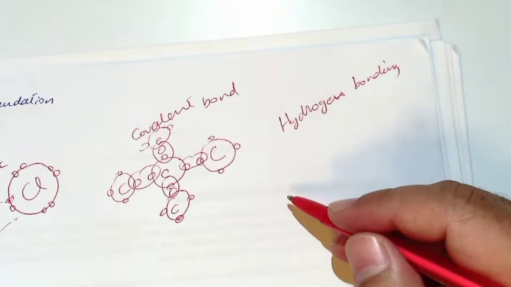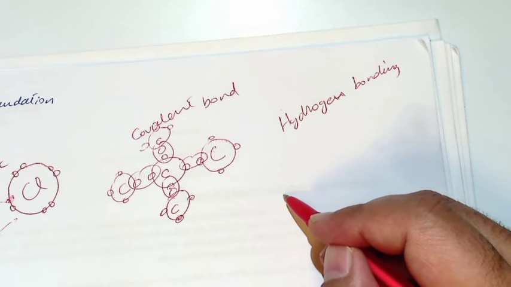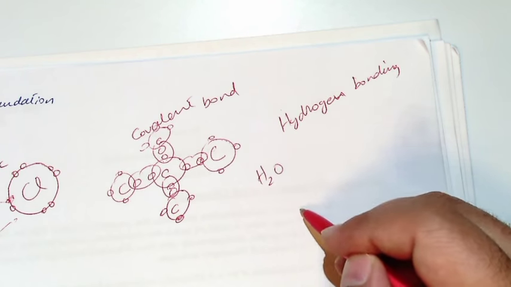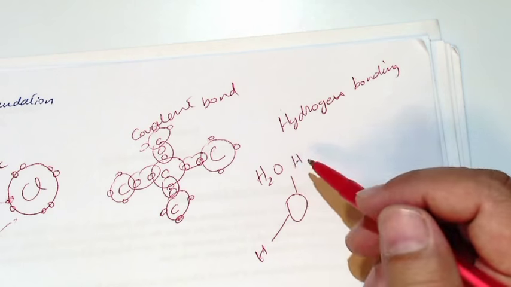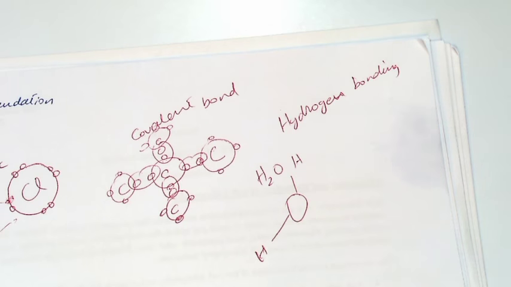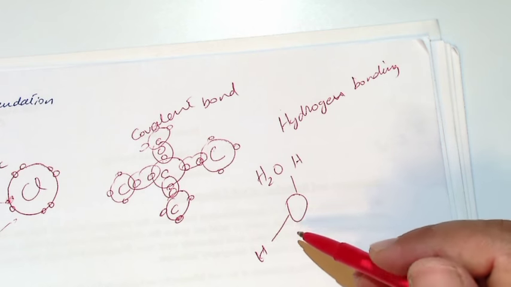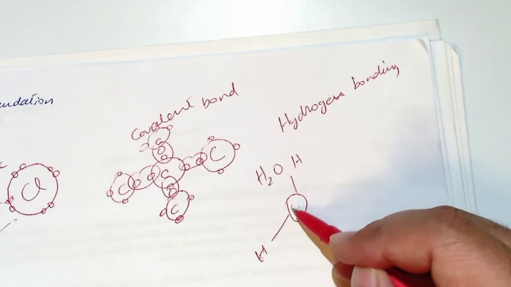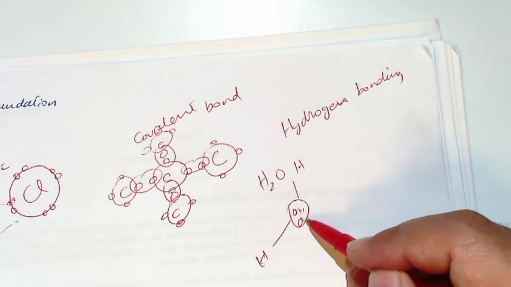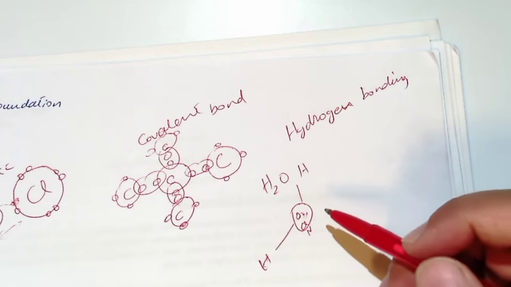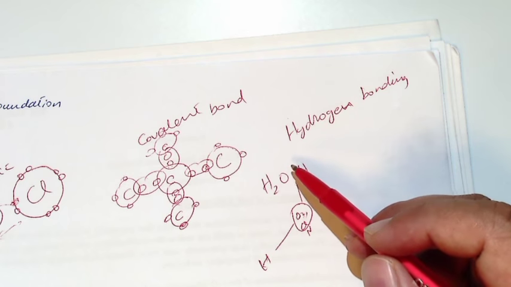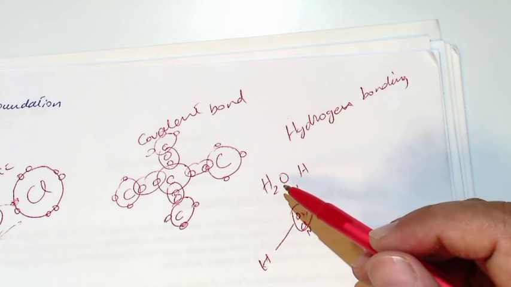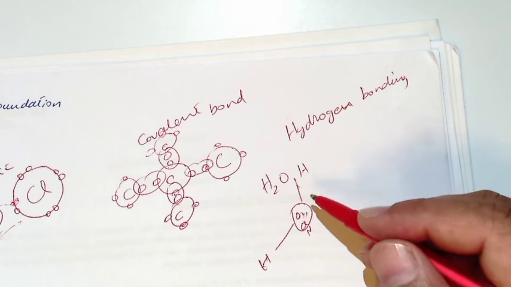First, in water, let's say we have H2O, so we have oxygen and then 2 H. When I say hydrogen bonding, it means a strongly electronegative atom, which can be oxygen, chlorine or nitrogen, makes a bond with smaller atoms like hydrogen, which is very small. So there is an effect called the shifting effect.